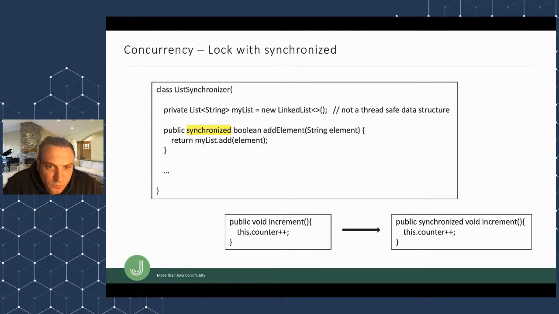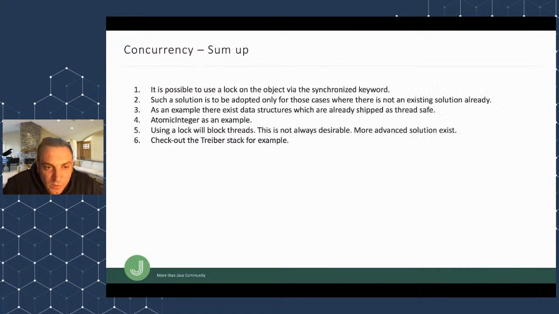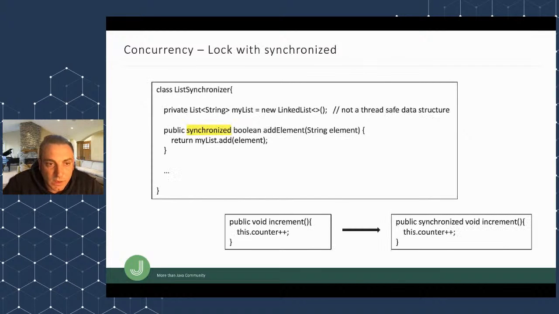In this way, given that there is a single lock with a single token, we can make sure that at any time only a single thread is executing inside the method code. As long as the thread does not release the lock, no one else is going to be able to execute that part of code. The lock is taken at the beginning of the method and released at the end of the method.